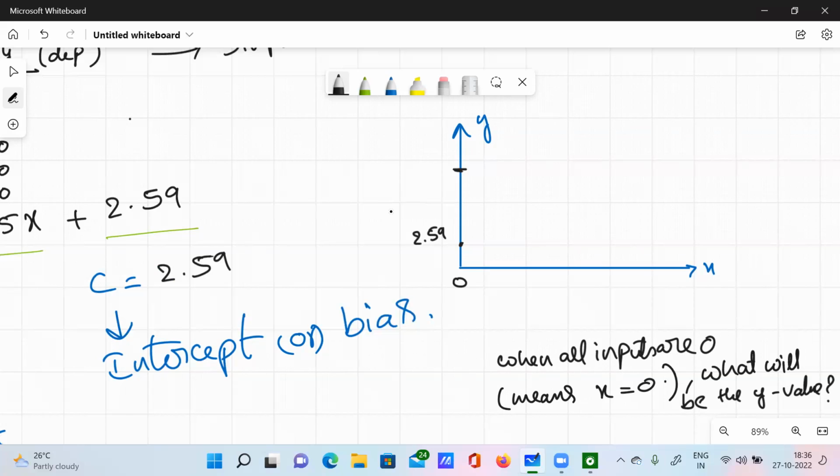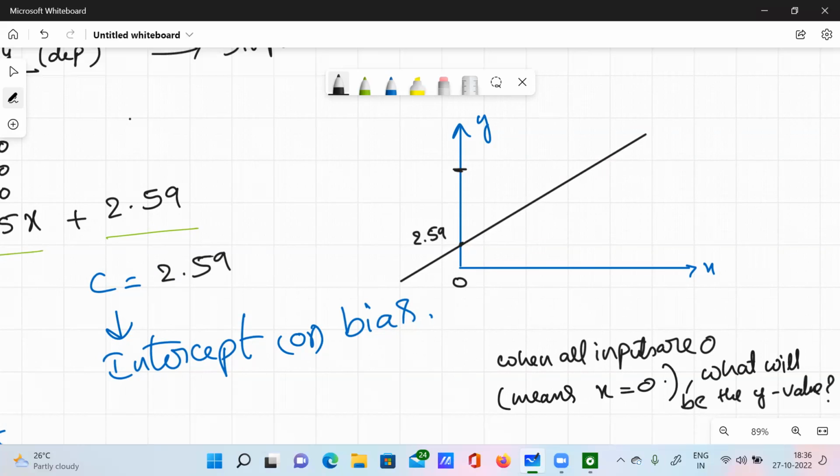That means our best fit line will pass through this particular point here. So this is the meaning of the intercept.